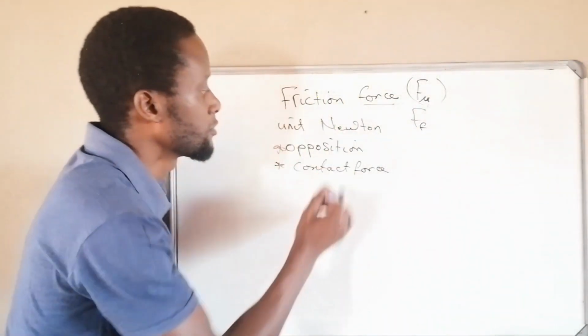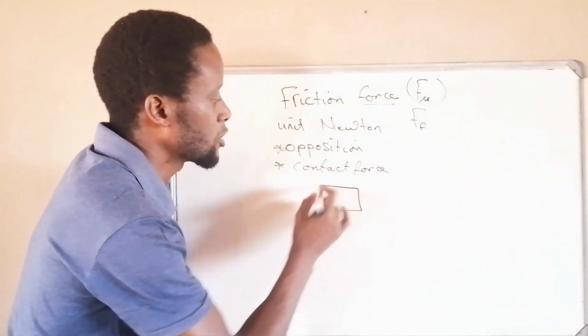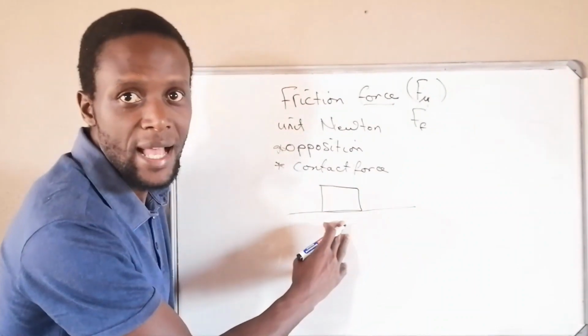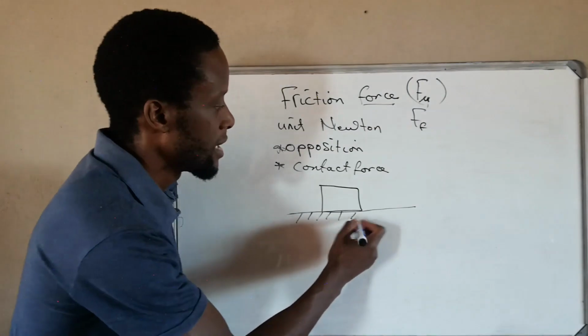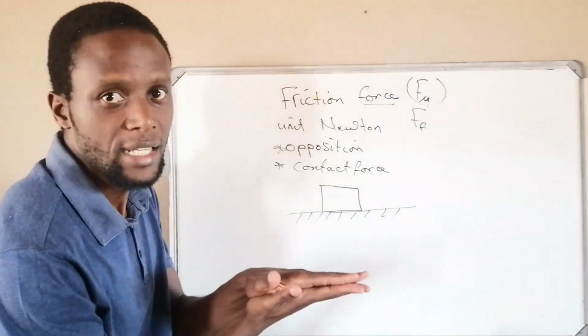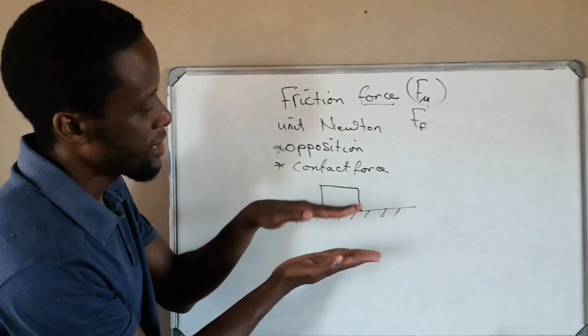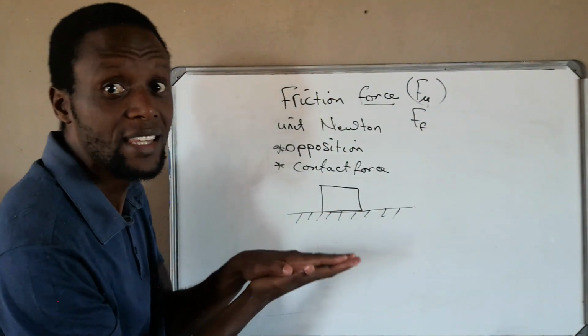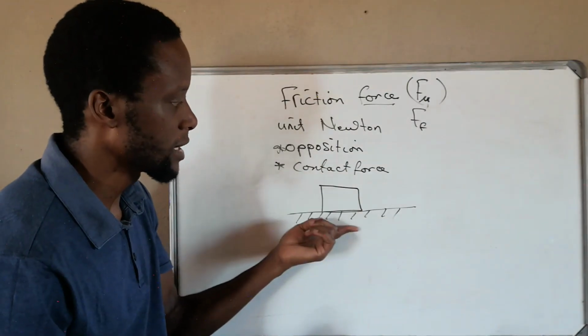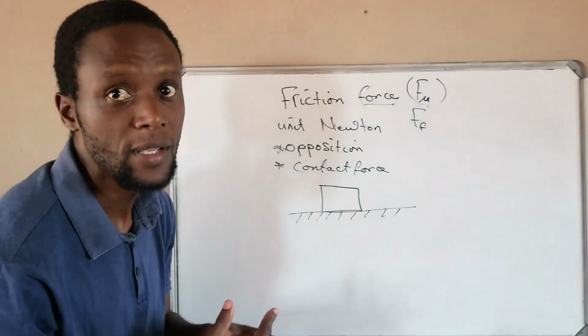But with friction force, it depends on how much contact the object has against the surface. If there is too much contact between the surface and the object, then there is too much friction. If there is not so much contact, then friction will not be that much.